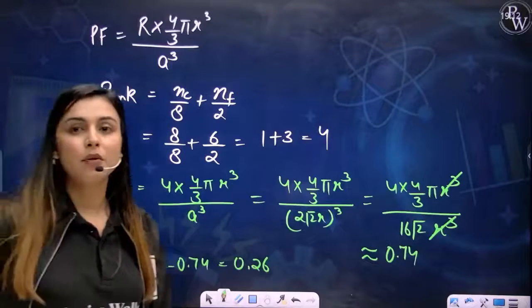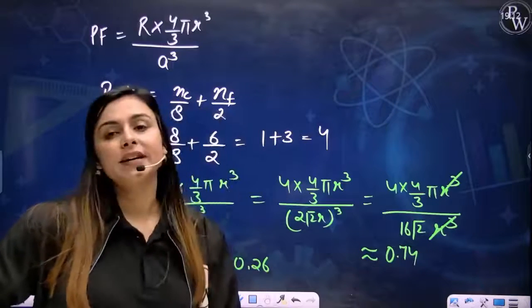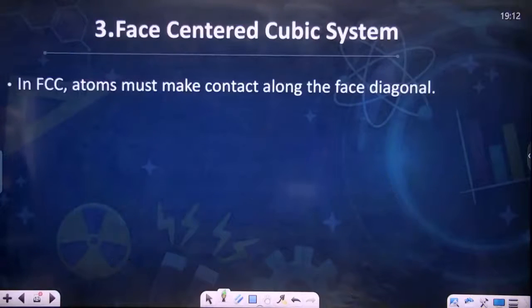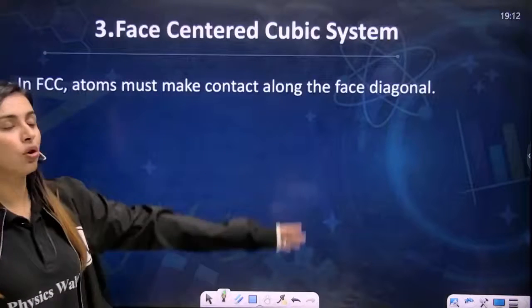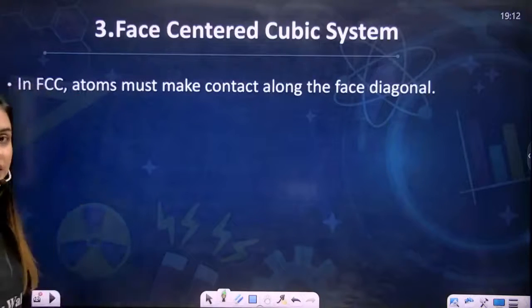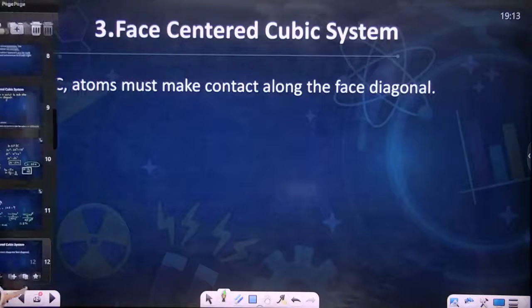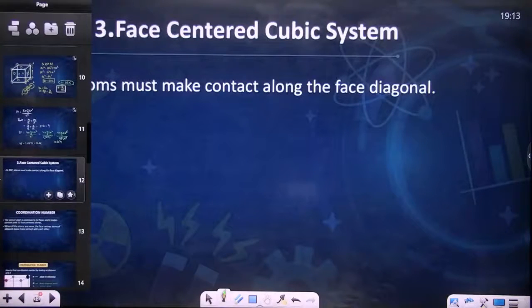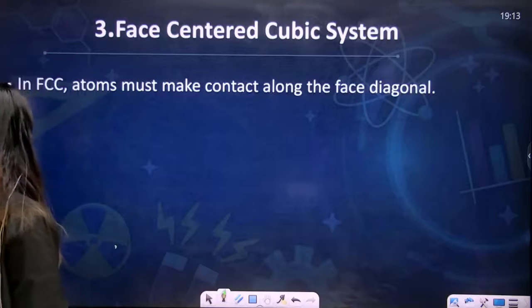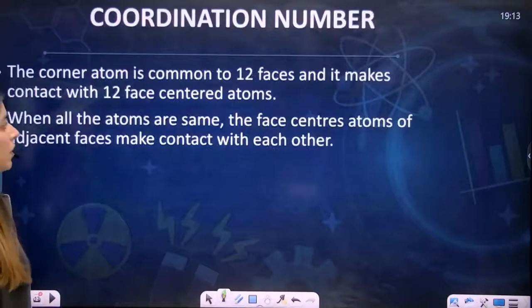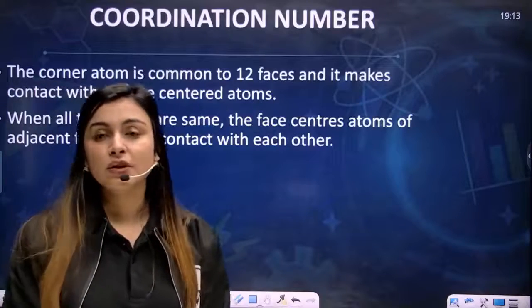Right? Yes, perfect. Now, we will be calculating the coordination number of the face-centered unit cell. So now let's try to calculate the in FCC atoms contact along the face diagonal. I hope you're clear with this. You want to write it down and then we'll move forward. Now we will be calculating the coordination number of a face-centered unit cell.